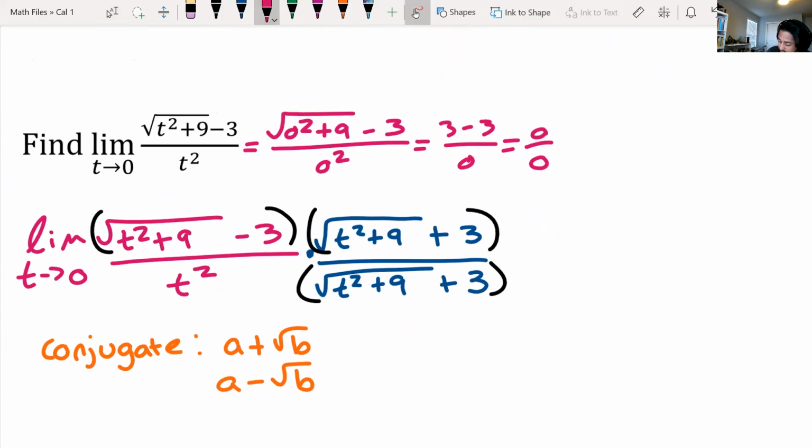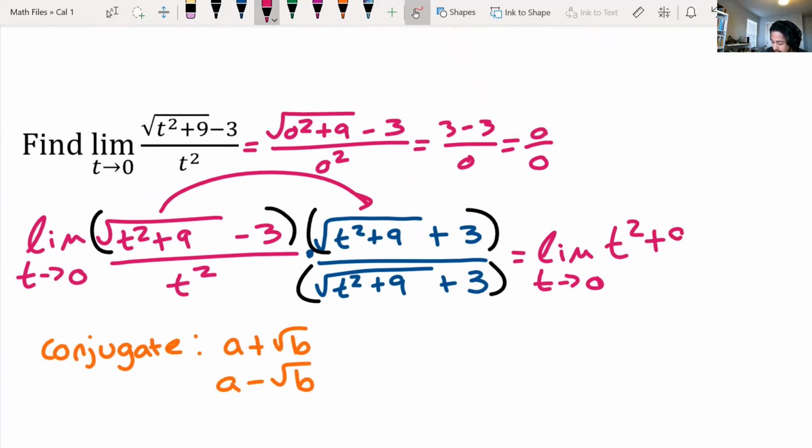So we move on to our next step. We say the limit as t approaches 0. And now we FOIL. What is the square root of t squared plus 9 times the square root of t squared plus 9? What does that become? T squared plus 9. And then you'll have positive 3 square root and negative 3 square root. What's going to happen to our middle term here?